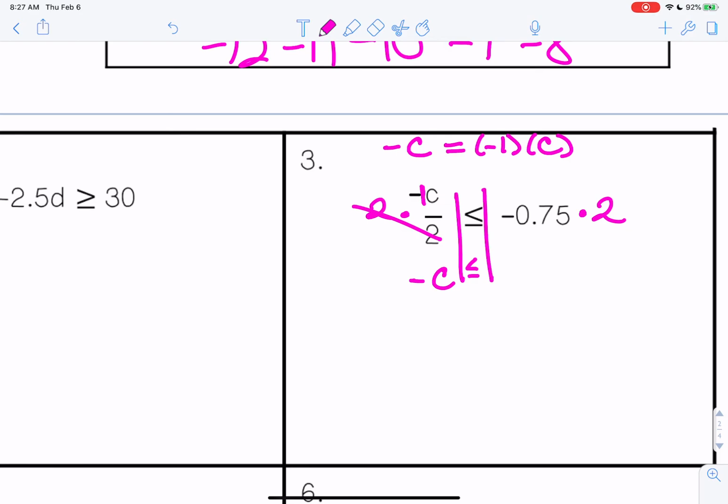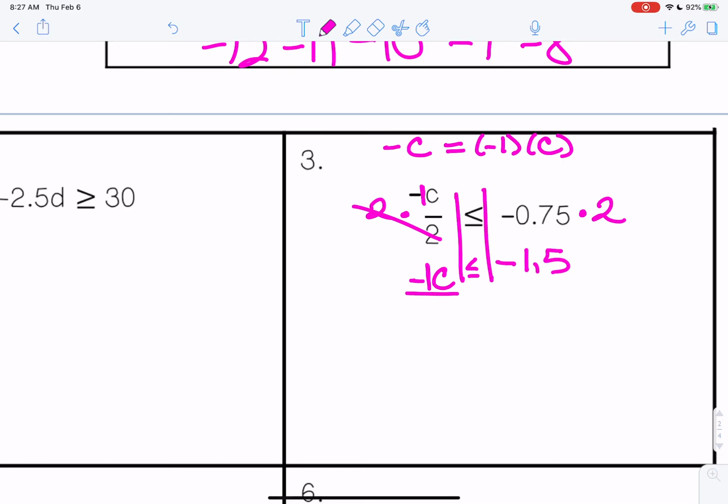So we have 7.5 times 2, which is going to be a negative 1.5. Now, remember there's that 1 in front of it. If that's negative 1 times C, to get C by itself, we still do the opposite. The opposite of multiplication is division.